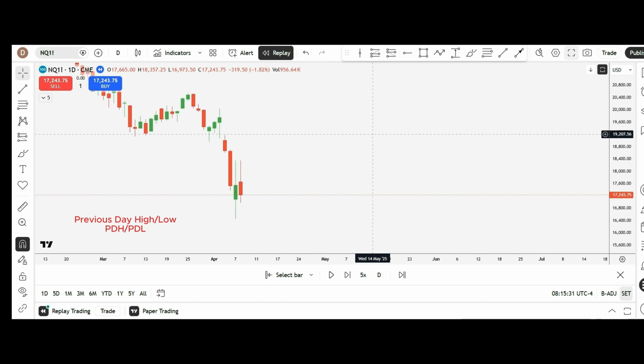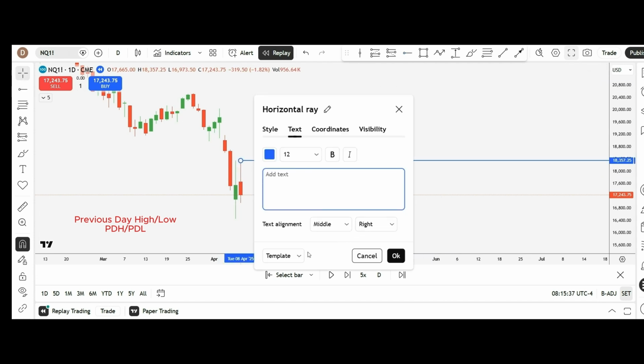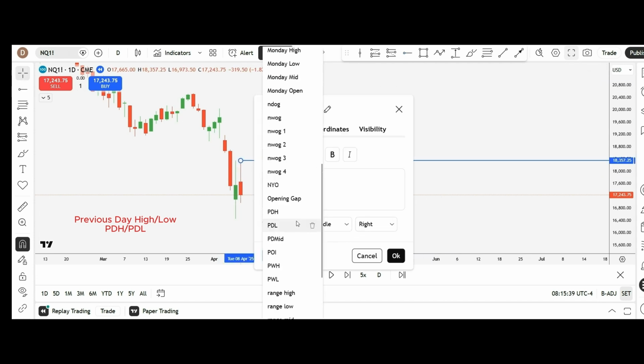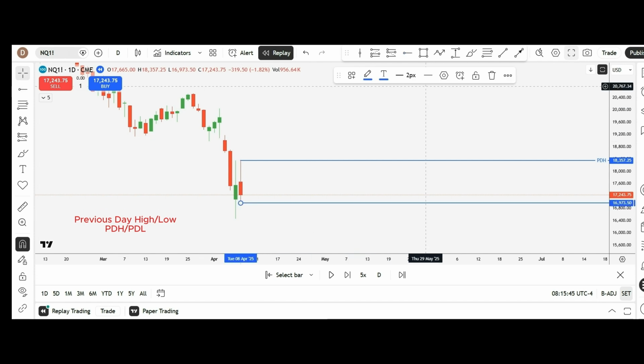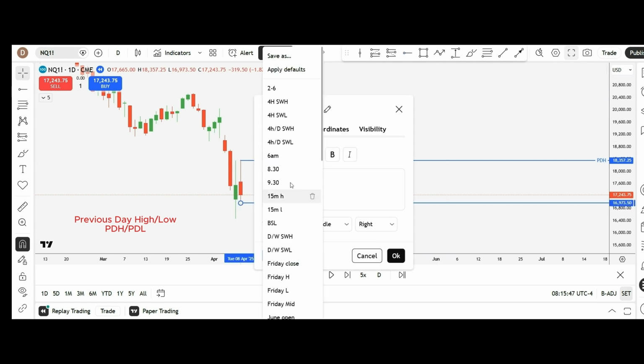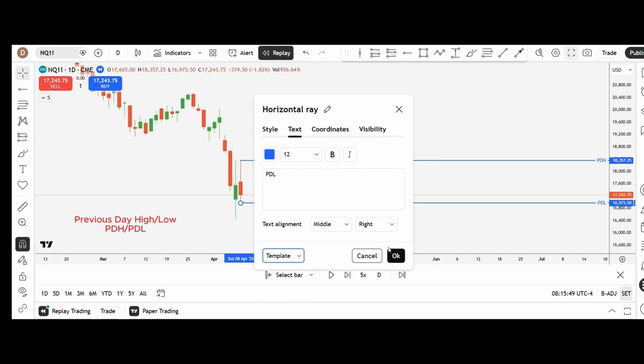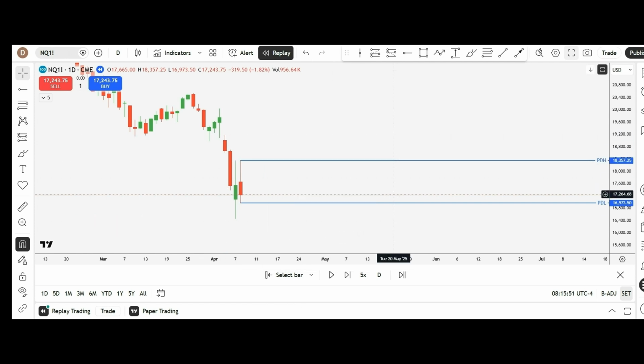Now, let's put it on the chart, okay? This would be this day's previous day high, and this is the daily low. All right. And now you will say, okay, yeah, but this doesn't look like a swing point. Okay.